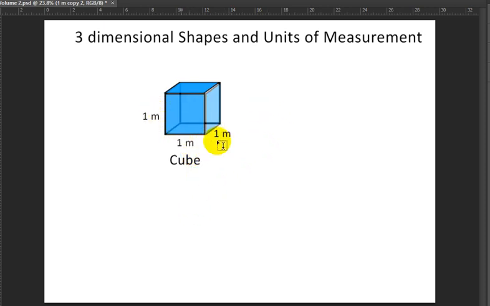Well, you'd say 1 times 1 times 1, which makes 1. And we'd call that 1 meter cubed. 1 cubic meter, I'm so sorry. 1 cubic meter. So this is 1 cubic meter, right?